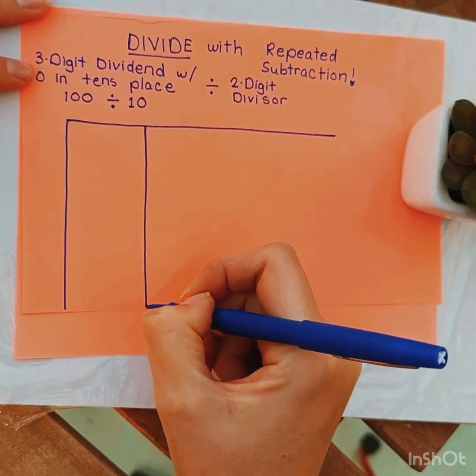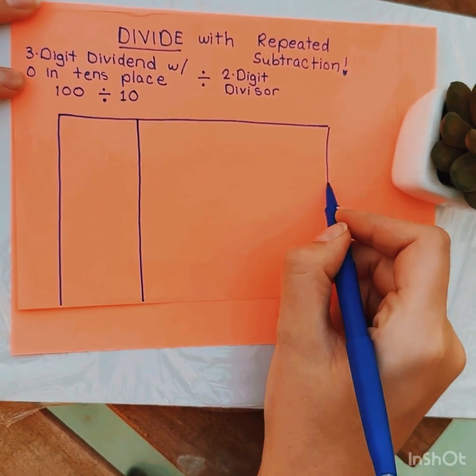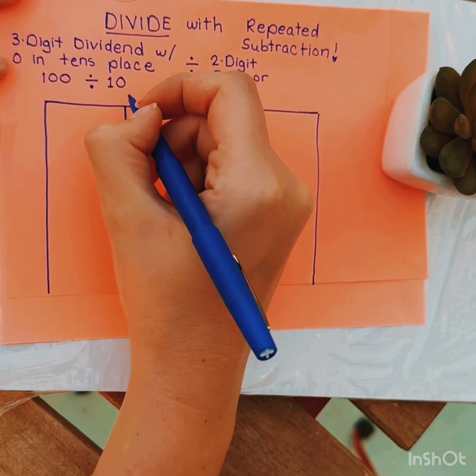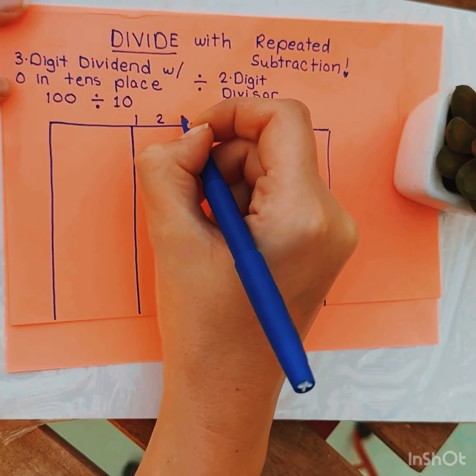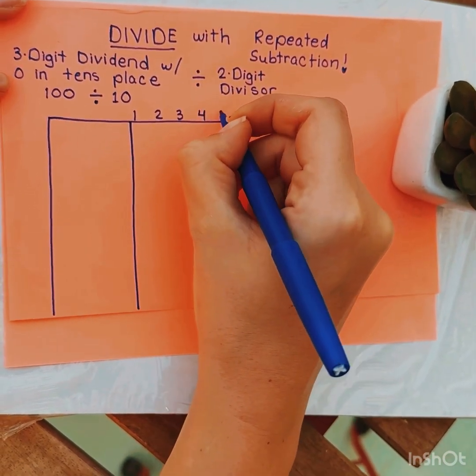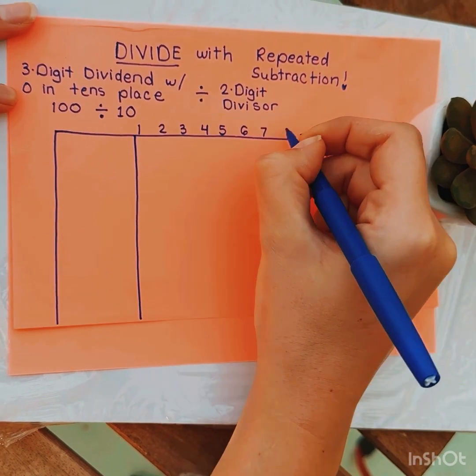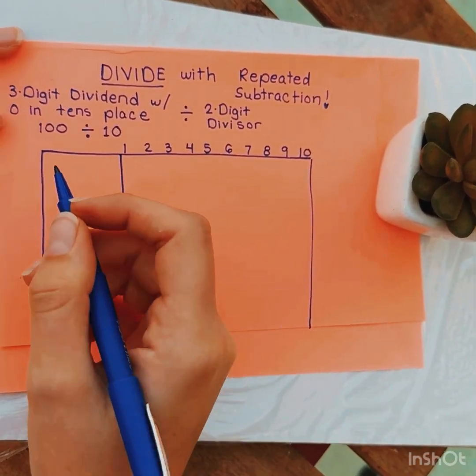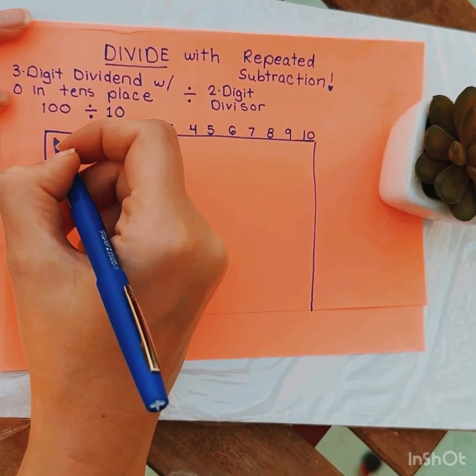We're actually just going to repeat subtraction. So I start by making a table. Now let's pretend we have 100 cards and we have 10 players in the game. So how can we divide the 100 cards amongst the 10 players evenly?